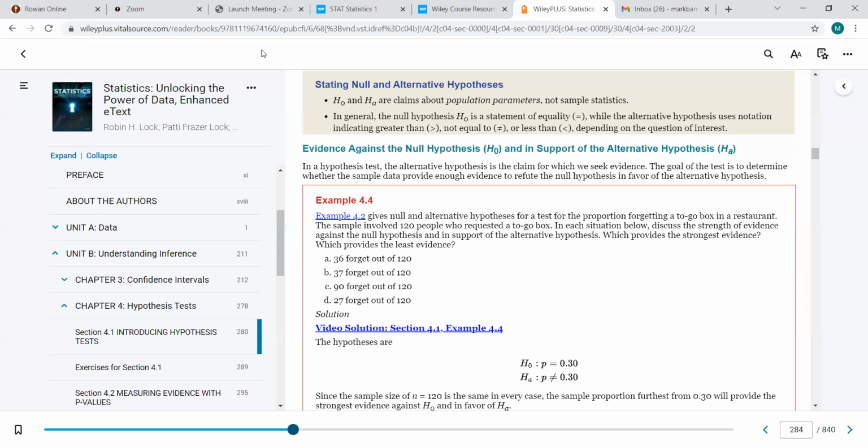Answer A, where it's exactly 0.3, certainly doesn't provide evidence that the population proportion is different than 0.3. So hopefully you get the idea that we're looking for some extreme results that will determine whether we reject the null hypothesis.